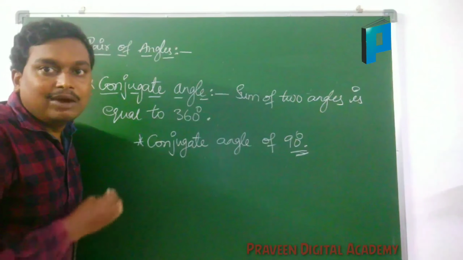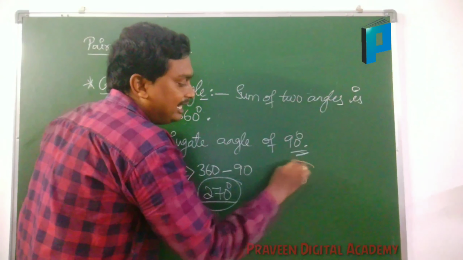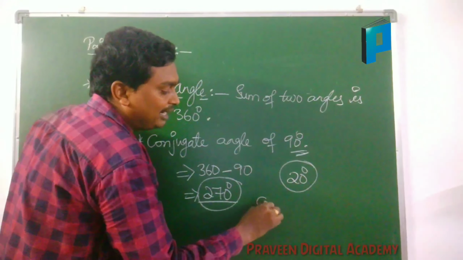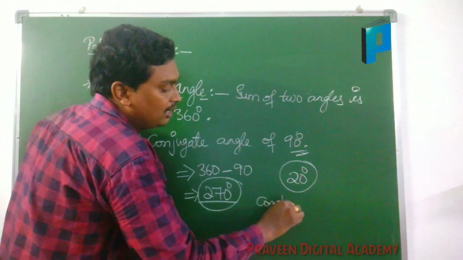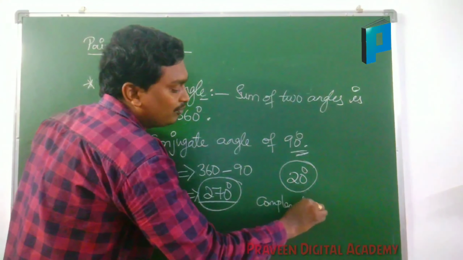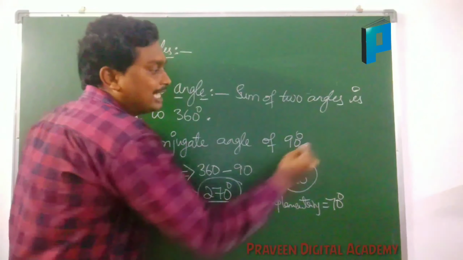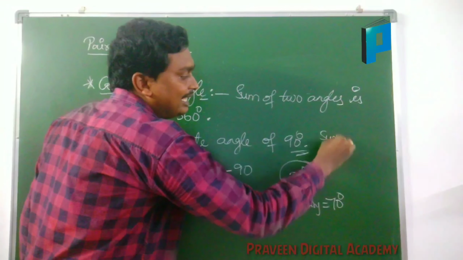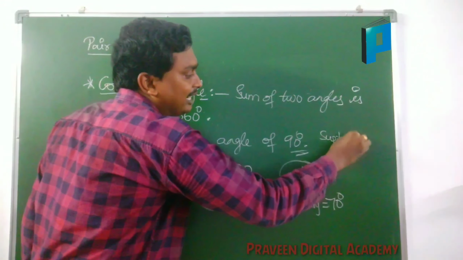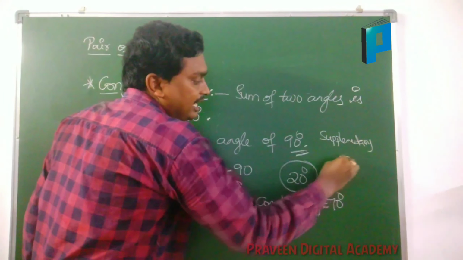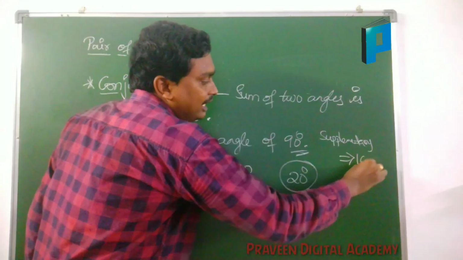If you have 20 degrees, what is the complementary angle of 20? The complementary angle of 20 is 70. The supplementary angle of 20 is 160. Why?